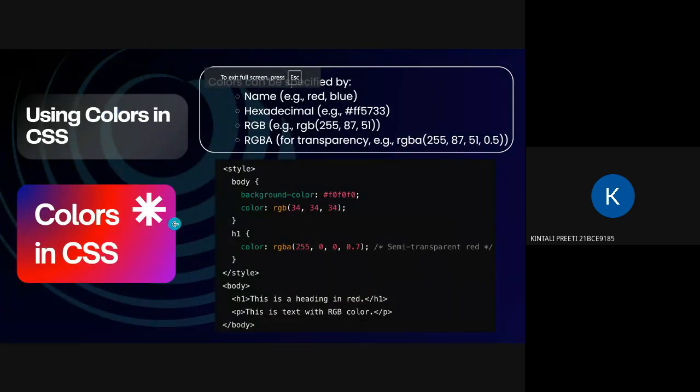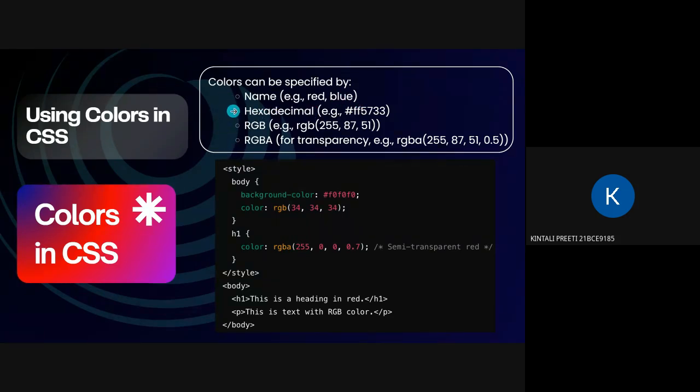Now let us see about colors. Using colors in CSS. I have told you about directly using the color keyword, which is to change the color of the text. Here also color can be defined using multiple ways, which is directly we can give the name, like previously I showed you, red or blue, whatever. And there are three new methods.